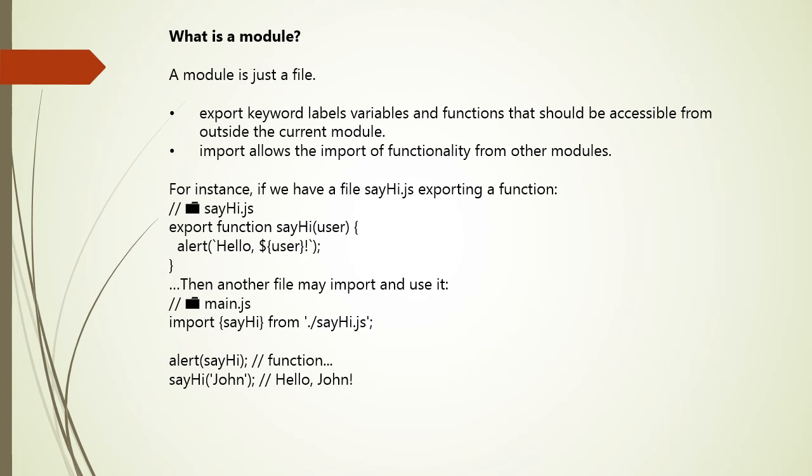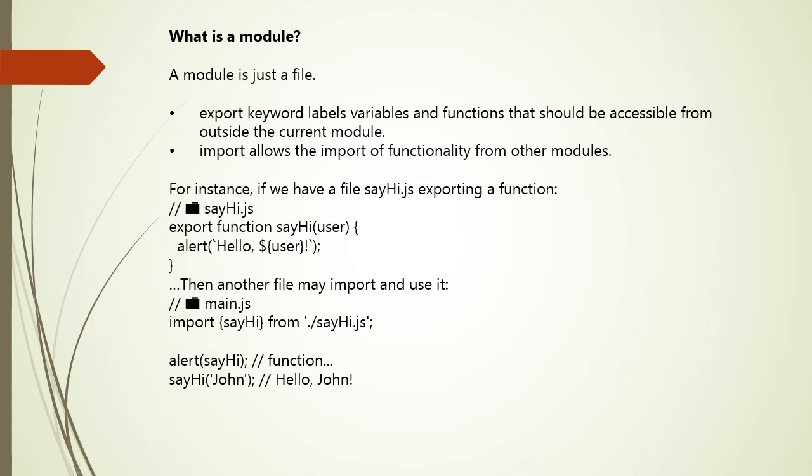For example, if we have a file, say sayHi.js, exporting a function: export function sayHi(user) { alert(`Hello, ${user}!`) }. Then another file may import and use it this way: import {sayHi} from './sayHi.js'; sayHi('John').